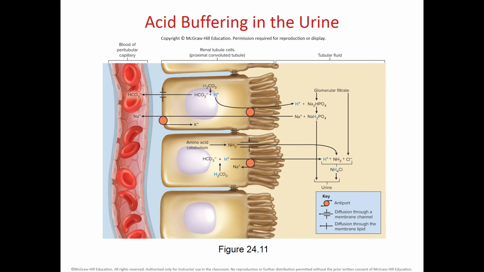And at some point, part of these hydrogen ions that come into this cell will combine with ammonium to form ammonium chloride that will be excreted in the urine.